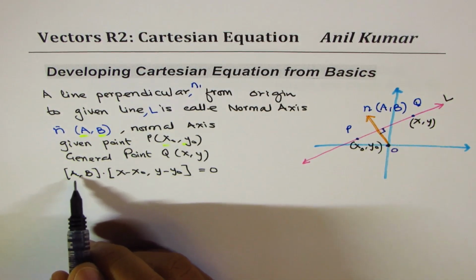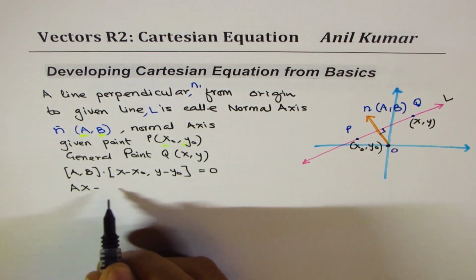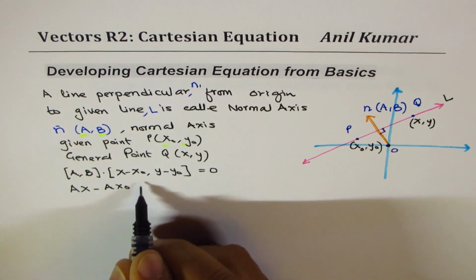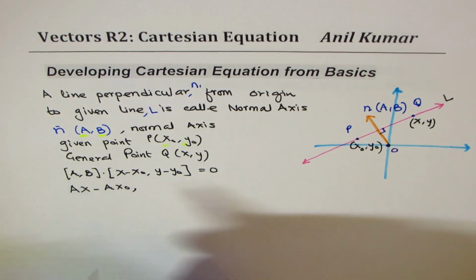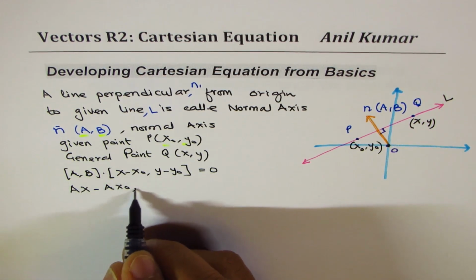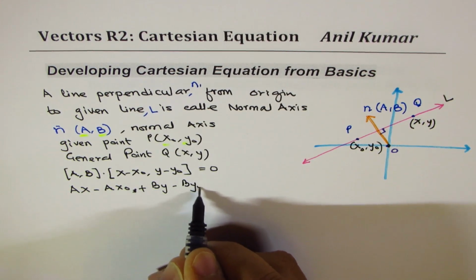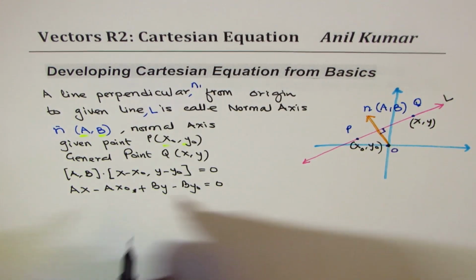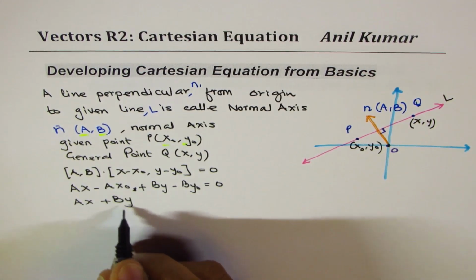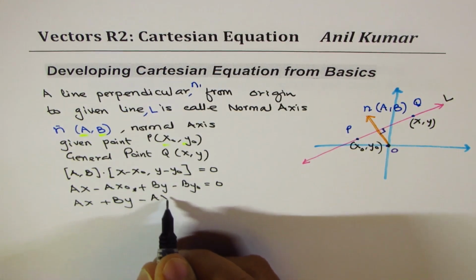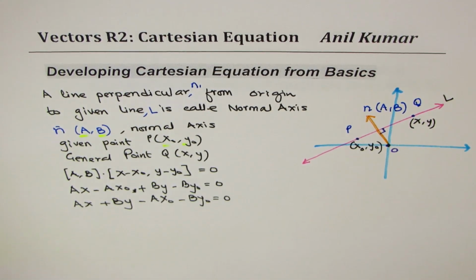When you do this dot product, you get Ax minus Ax0, and with B we get plus By minus By0 equals 0. Let's rearrange. We could write this as Ax plus By minus Ax0 minus By0 equals 0, right?